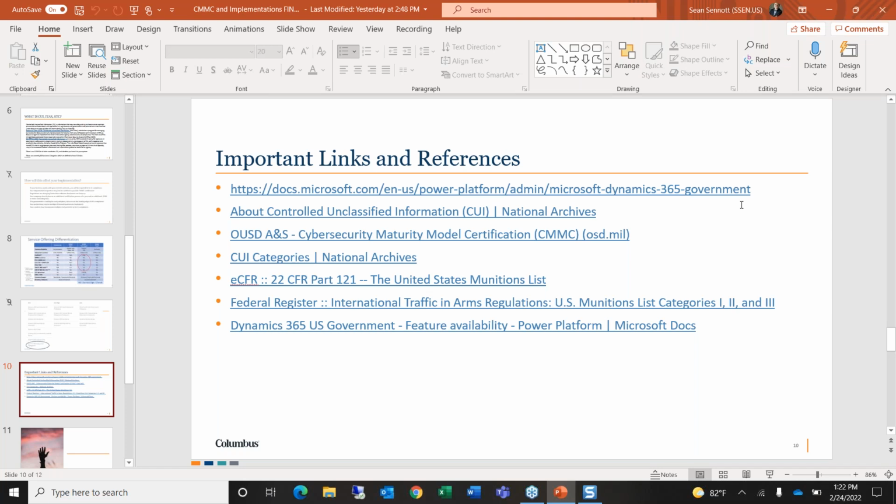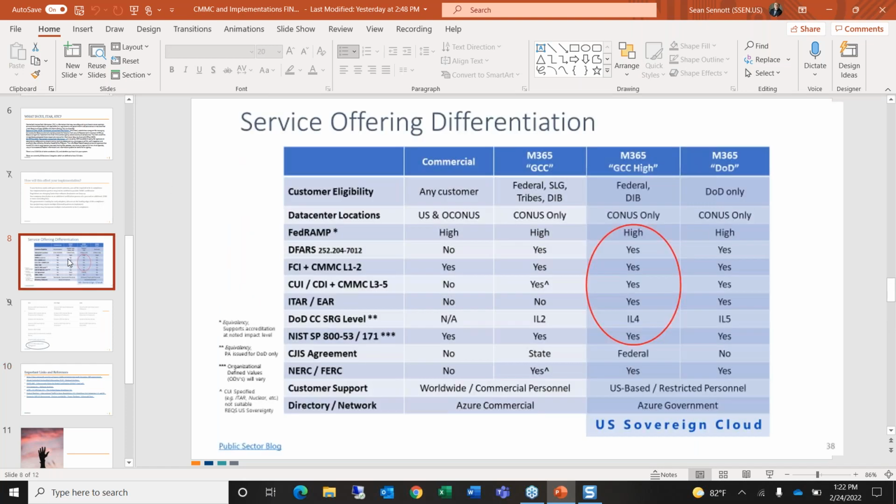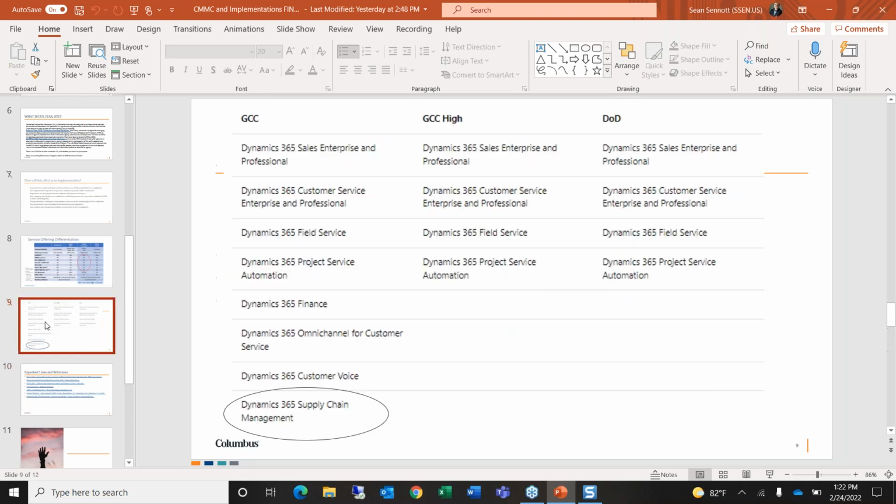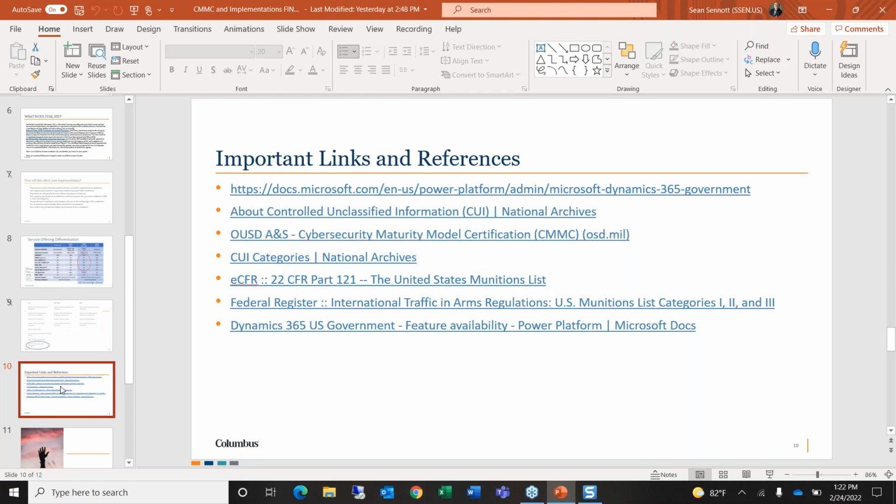This particular slide came from Microsoft. This slide came from Microsoft as well. The National Archives has the list about controlled unclassified information, so you'll want to go there.